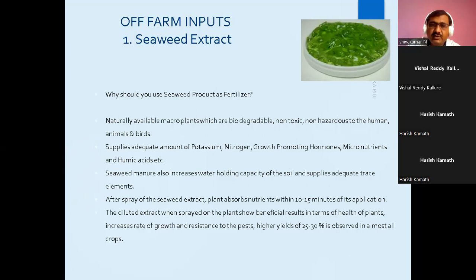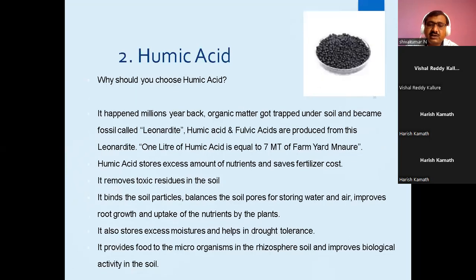Another commonly used biostimulant is humic acid. This is the basic material you have to use in every crop, because this will improve the rooting in the plants at the initial stage.